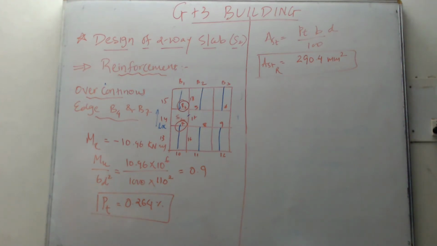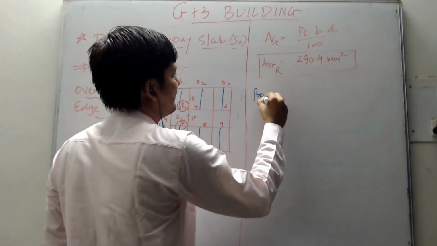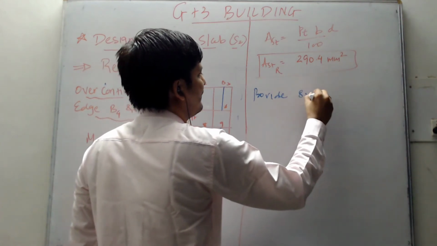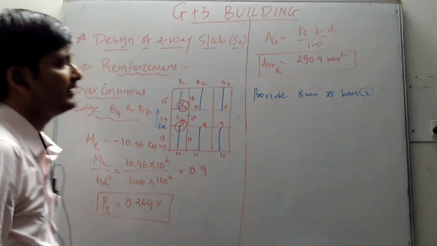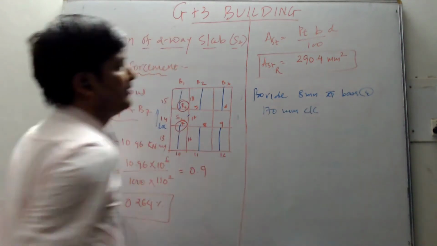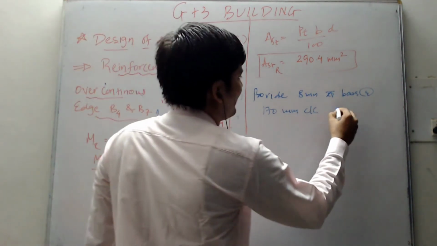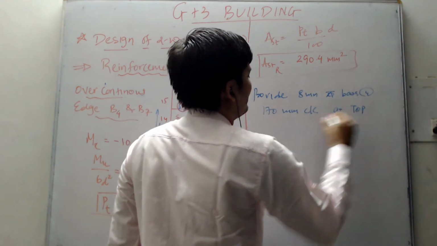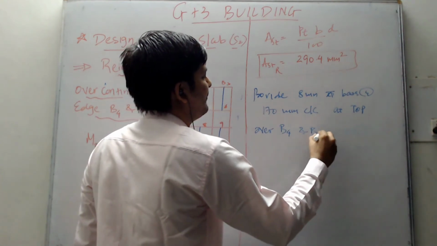From there, for 8 mm diameter and this area required, provide 8 mm diameter bars at spacing I am getting as 170 mm center to center, at top over beam B4 and B7. Why at top?